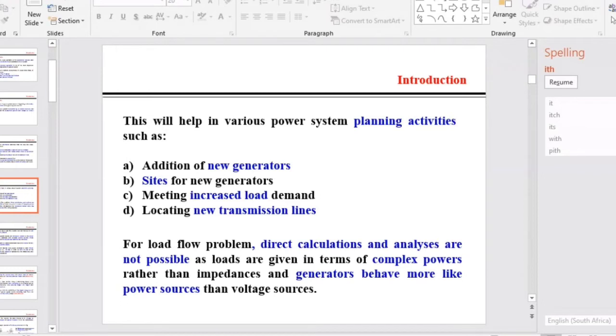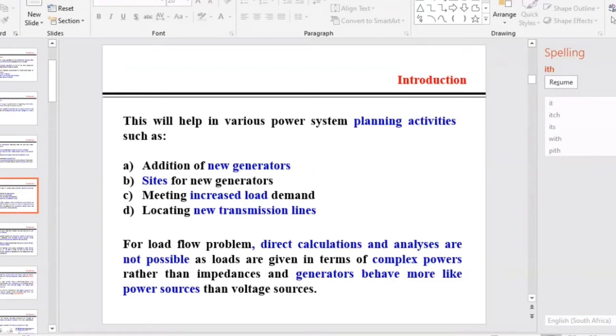But when you come to load flow study, we cannot do that kind of calculation and analysis, because the loads are not impedances anymore. In our second year, third year practices, we used to give load impedance, R L or R C or R L C, that kind of thing. But in load flow study, loads are power. They are consuming active and reactive power, a combination of active and reactive power.